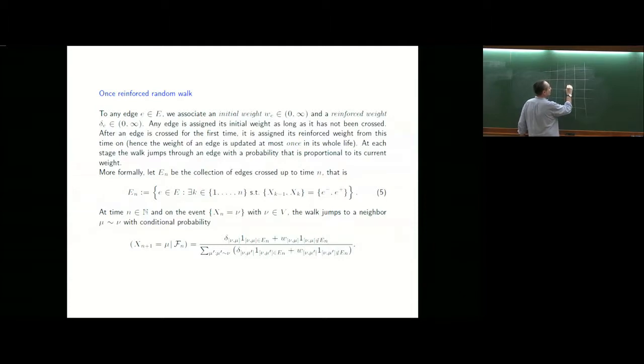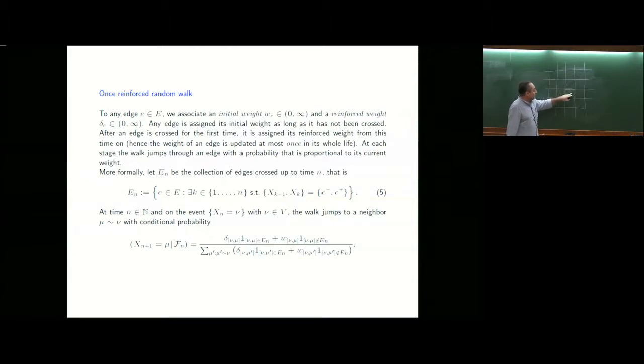You can actually give random weights, like omega, and it doesn't need to be 1. And then the game starts. You go from the origin, first step, you choose uniformly any edge, because weights are equal. But once you cross an edge, the weight of this edge becomes 1 plus delta.